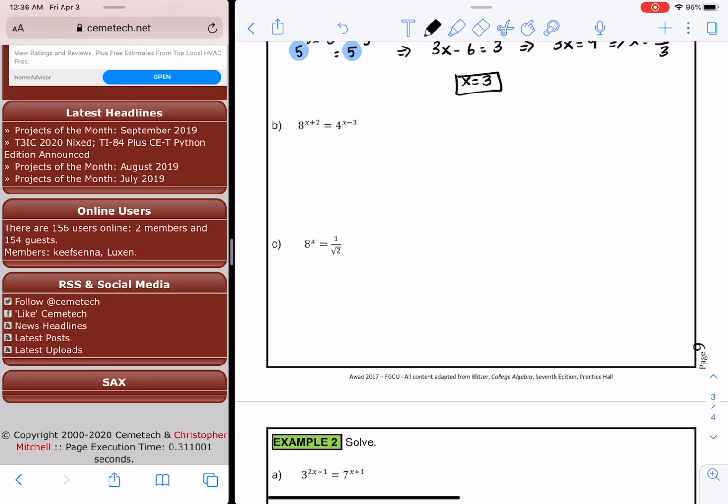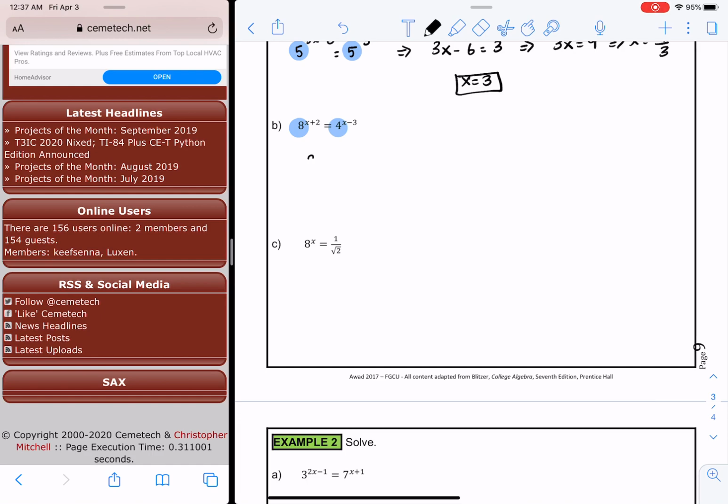Here, look at that base, that is 2 and that is 4. The bases do not match. So could we write it in terms of a base that could match? So 8 and 4, both of them have a common factor of 2.